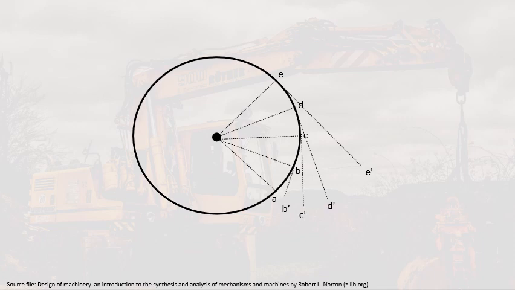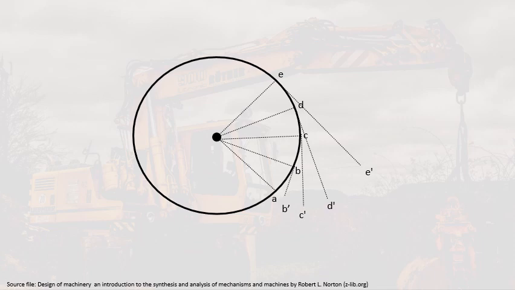Now we're going to measure the length of the arc, say for example AB, and we project it onto that tangent line so that it will be BB prime. Same also with AC, we measure that and then we project it onto the tangent line. That's why we have here CC prime.